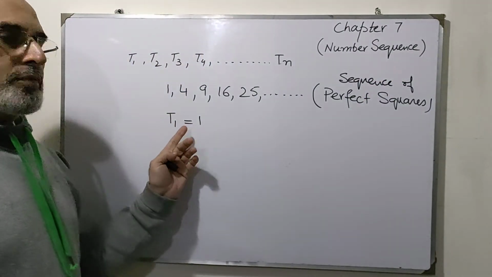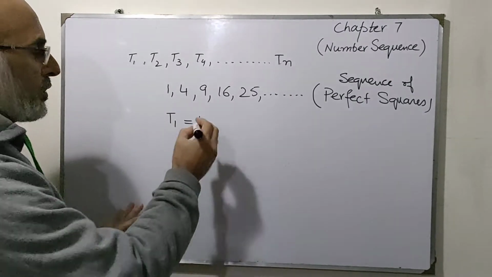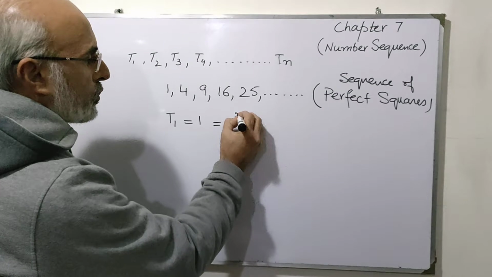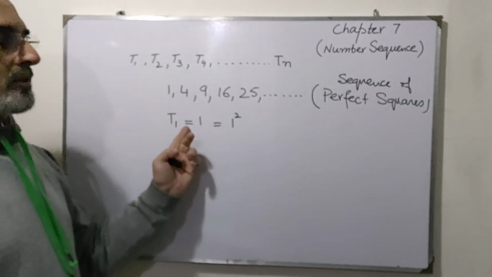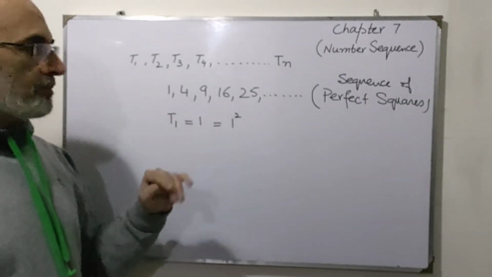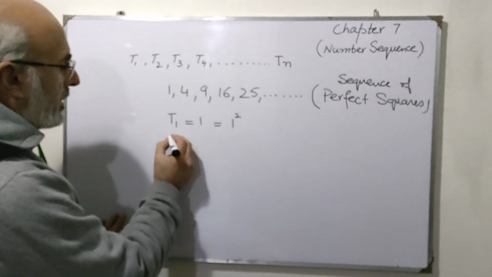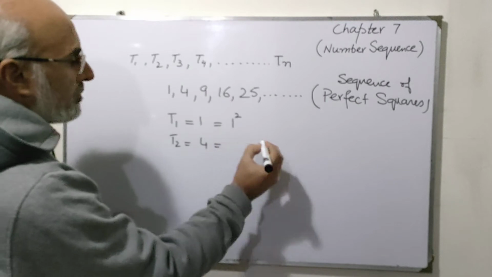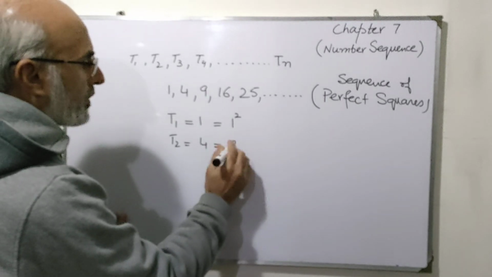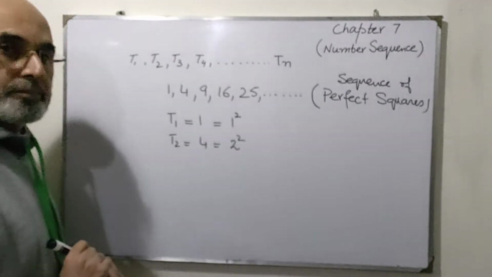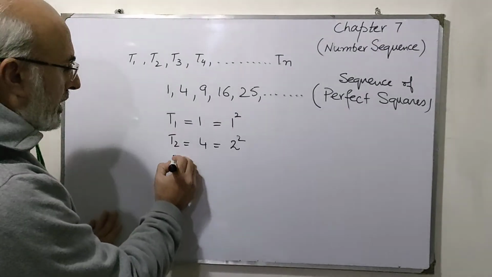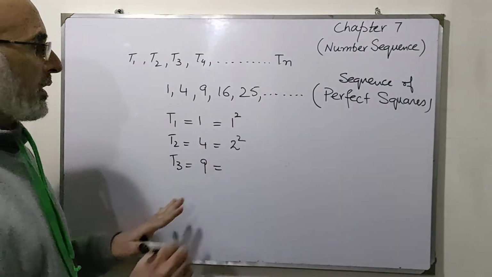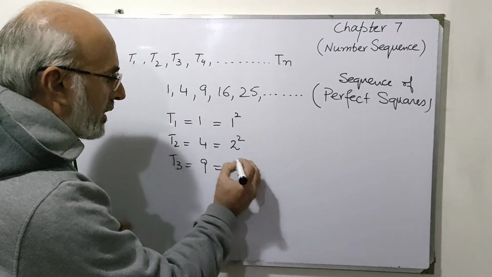How have we achieved this 1? It is simple: it is 1 square, which is 1. T2 is 4, and how is it achieved? 2 square. T3 is 9, and how is it achieved? 3 square.